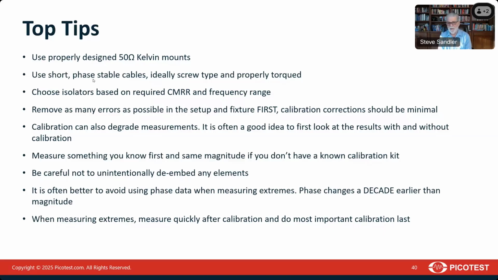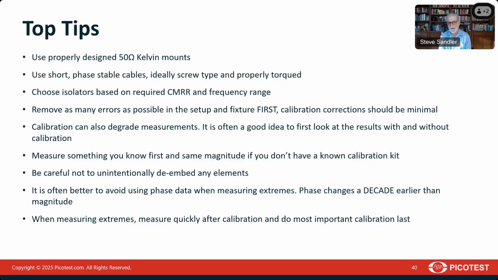You need to use short phase stable cables, and ideally with screw tight and properly torqued. I generally prefer to use either the N connectors with SMAs at the other end, or an N connector with an SMA adapter. I typically try to avoid BNC connectors for this particular measurement when we're going to make really accurate measurements.